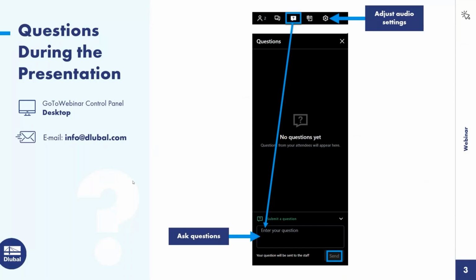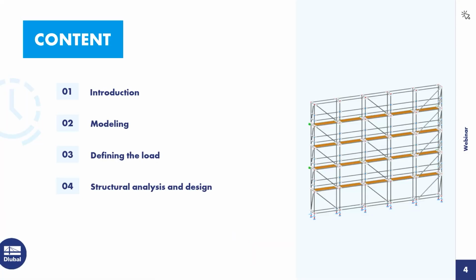Thank you, Andreas, for the introductory words. I would also like to welcome you to today's webinar. The topic of this webinar is the modeling and design of aluminum scaffolding. First, I will demonstrate how to model the scaffolding in RFEM, focusing particularly on the realistic representation of scaffold connections and supports.